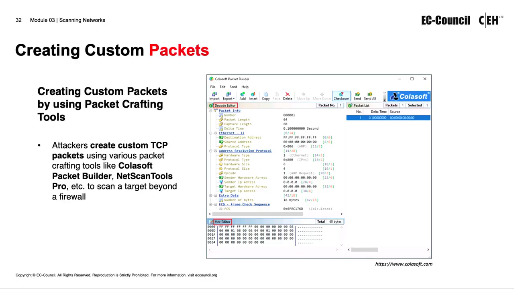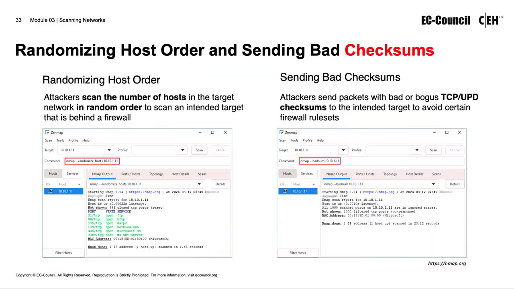Now, I will say that there are other tools that you can use to create custom packets. Nmap actually has an ability to do some packet crafting, and so does Hping. So it's actually an array of tools that you can use for this. But Colasoft is the preeminent tool that helps you craft packets.